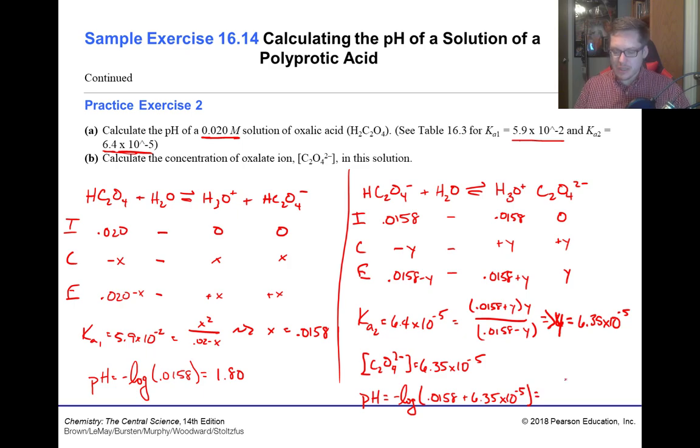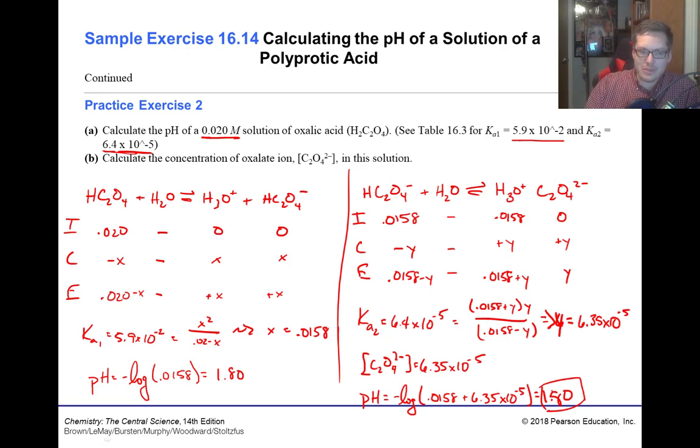Negative log of 0.0158 plus 6.35e to the negative fifth, and I get 1.7996. With 2 sig figs, we still get 1.80. So the difference in our Ka was big enough that it didn't affect our pH, so we were right in our assumption that we could ignore it.